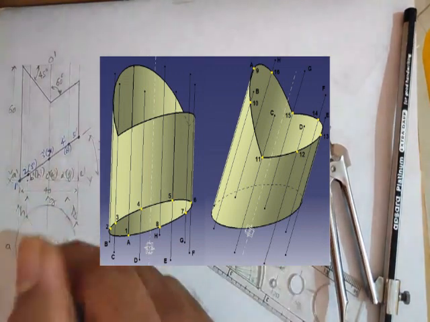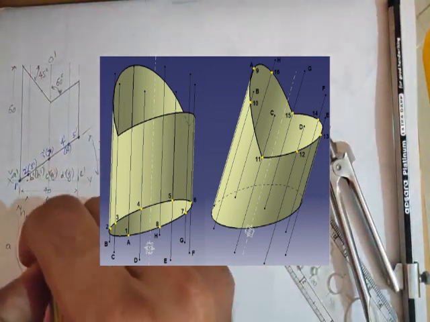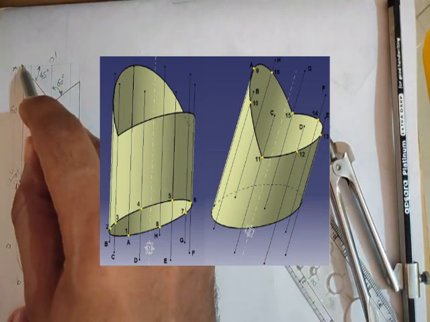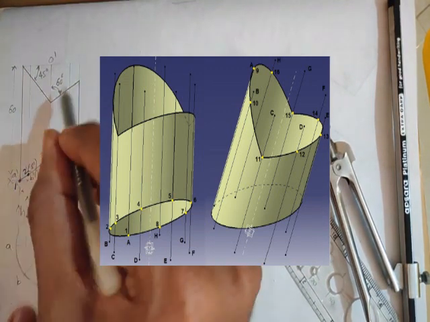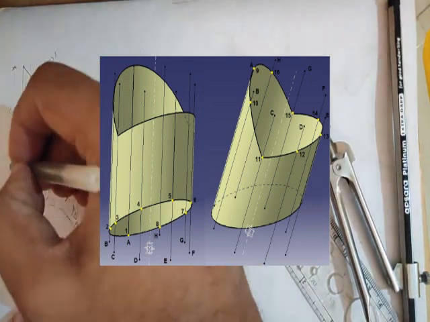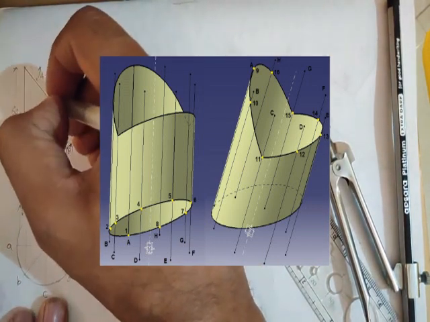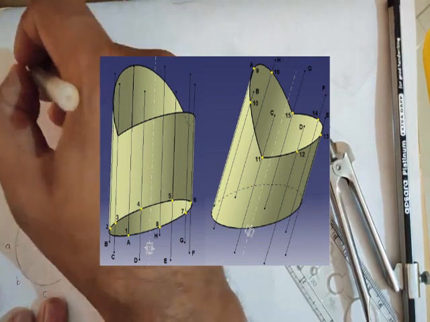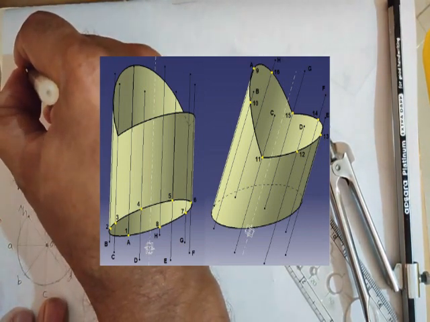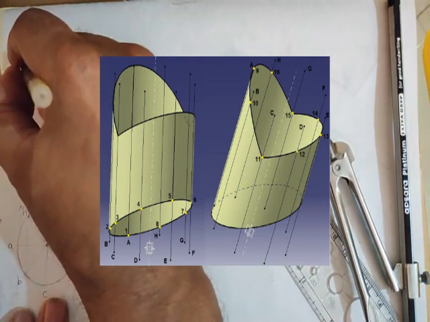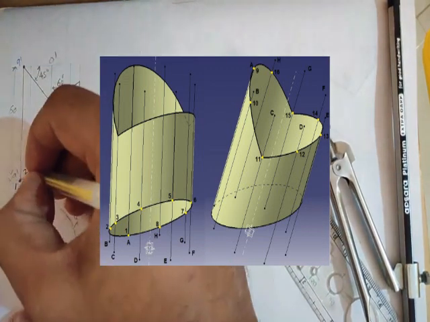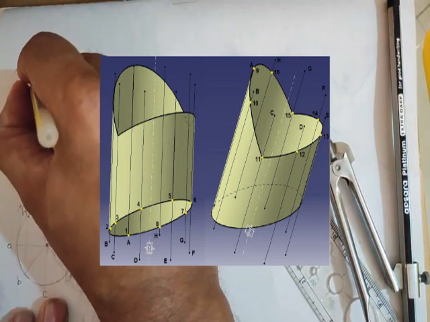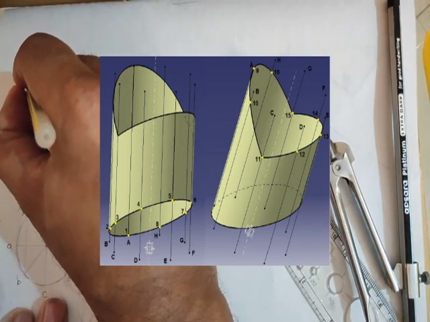Next, I'll continue the same process and locate the intersection points 9 onwards from the top two cutting planes. I'll find out whether this cutting plane is cutting the generator A. Yes, it is cutting at this point, the topmost point. So this is 9. Is it cutting the generator B? Yes, at this point. So this is 10.